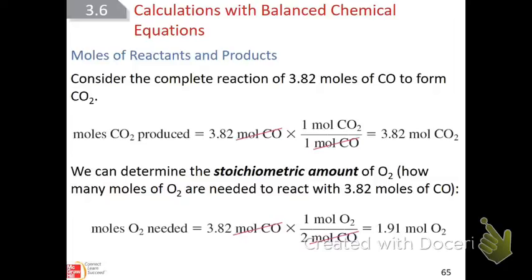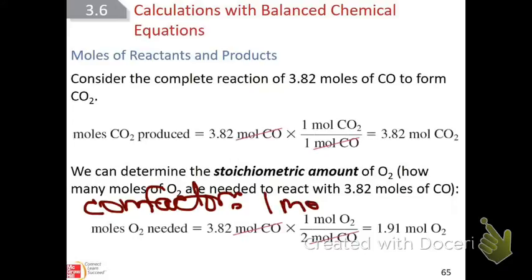This time, their conversion factor, that they did not show as a conversion factor, and I really think it's extremely helpful for you to have that showing, is for every 1 mole of O2, I need 2 moles of CO.